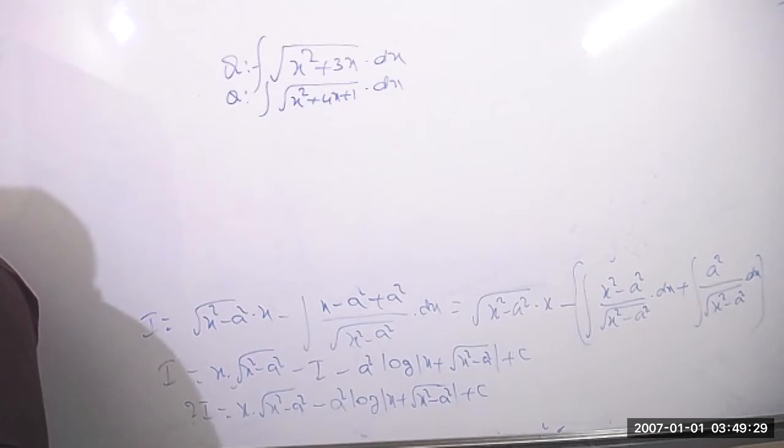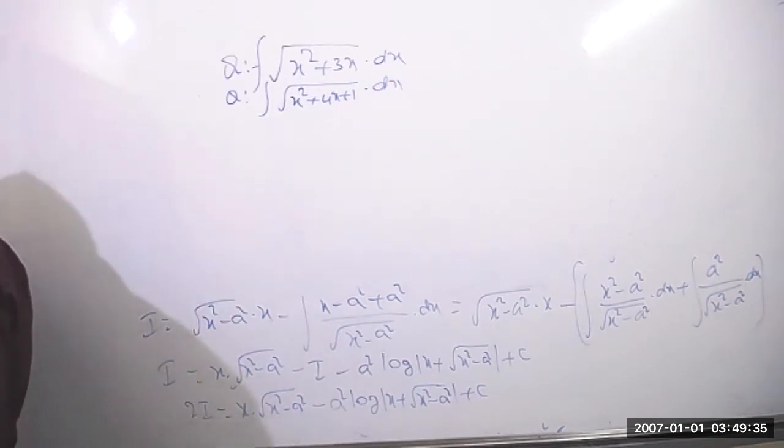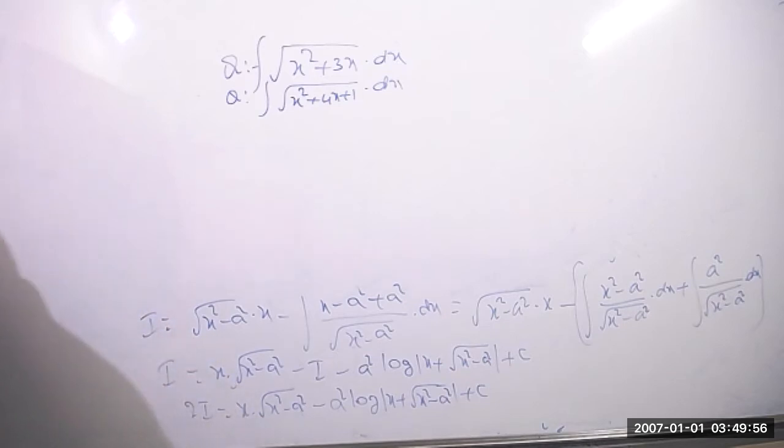Anyone got the answer? Sir, I'm getting x plus 2 by 2 into root of x plus 2 whole square minus root 3 whole square, minus 3 by 2 log x plus 2 plus root of x square plus 3x, plus c. Okay. How much?